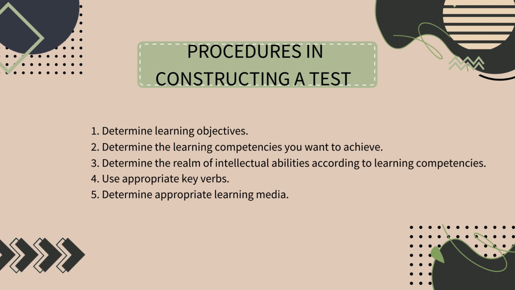Number four, use appropriate keywords. This is the process of identifying appropriate keywords to describe the learning competencies to be achieved. And number five, determine appropriate learning medium. This means the process of identifying the appropriate learning media for the learning competencies to be achieved.